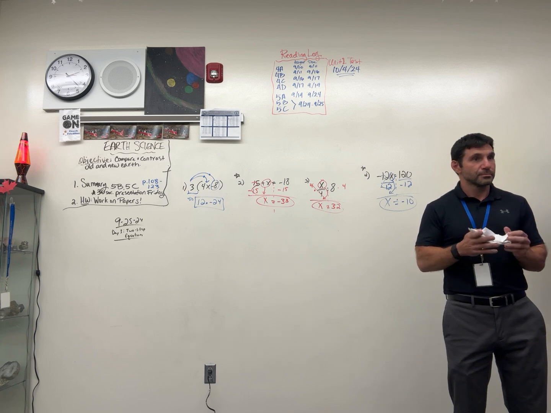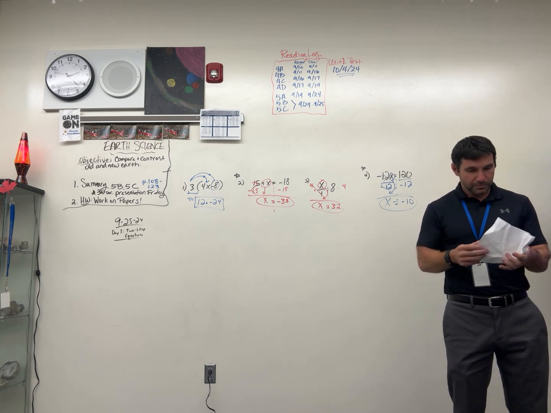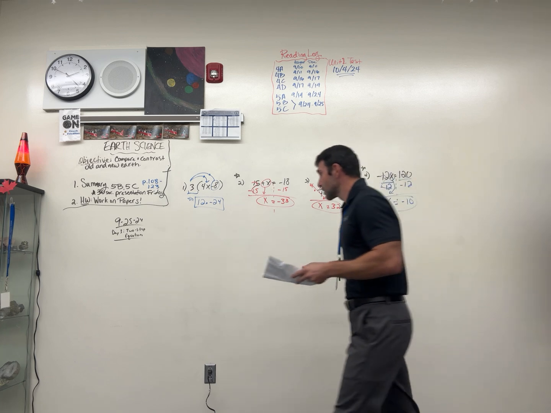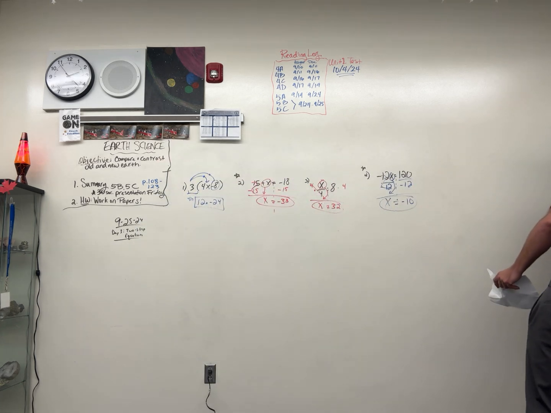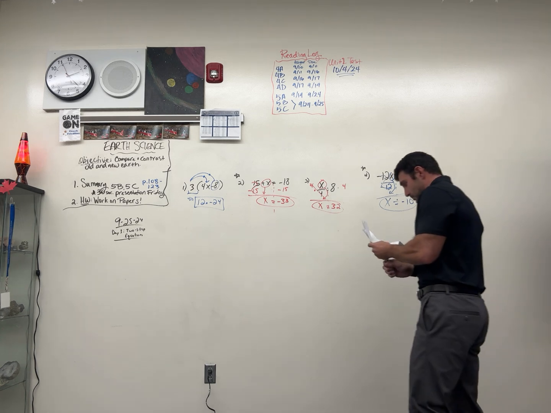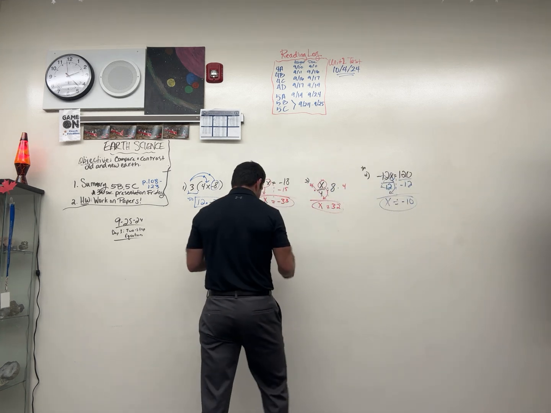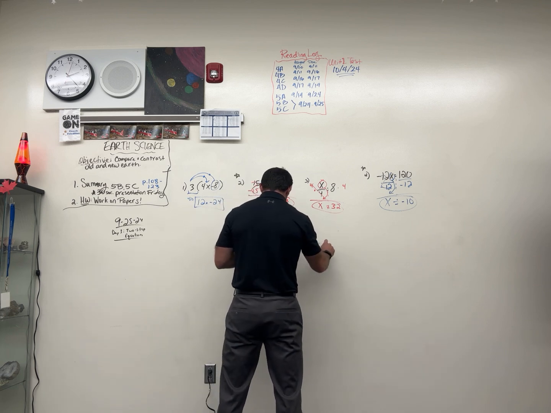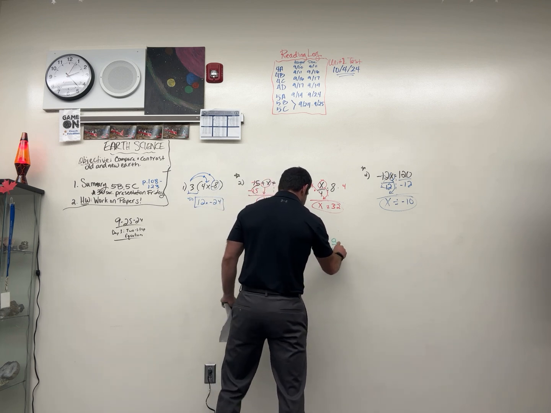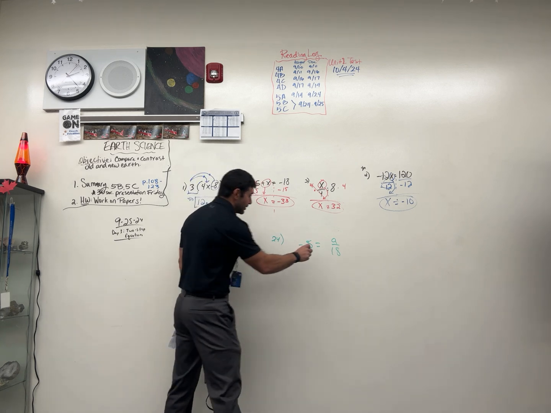Can you do number 24? Yes. 24 says negative 5 equals a divided by 18. Find the balance point.